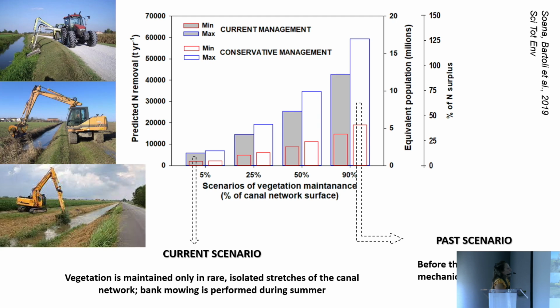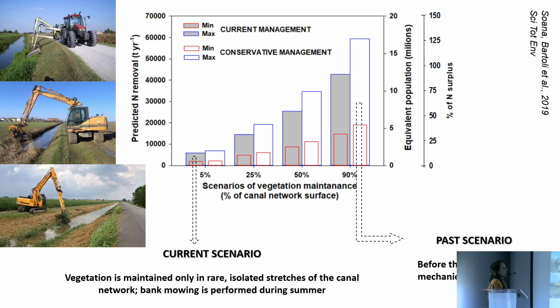This is a summary of the results. The lowest scenario is the current one, where vegetation is maintained only in rare isolated stretches of the canal network, and bank mowing is performed during summer. You can see that the denitrification capacity in this case is very low, for example two orders of magnitude lower than the nitrogen load exported by the Po River.